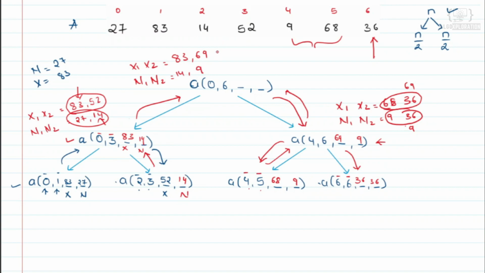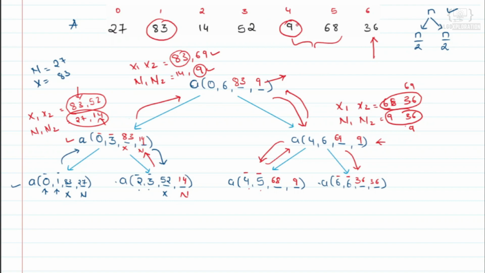Now there will be a comparison between these two elements and these two elements. So your maximum is 83 and minimum is 9. So 83 comma 9. So this will be our result. So here we can see that the maximum is 83 and minimum is 9.